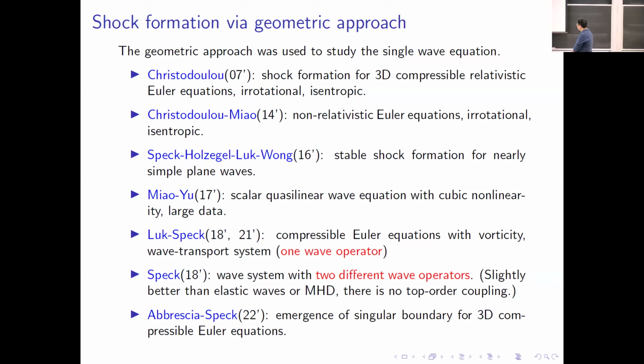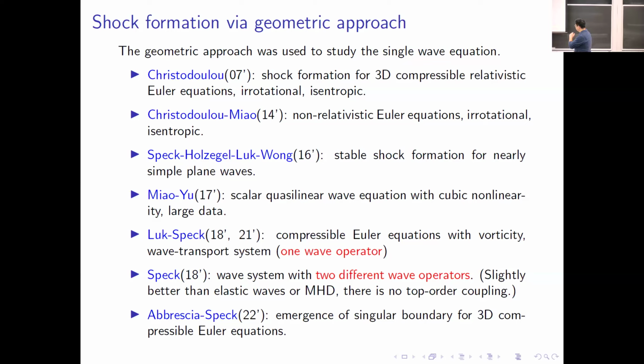Okay, and then later, the non-relativistic version was proved by Christodoulou and Miao in 2014. And then Speck, Holzegel, Luk, and Wong showed stable shock formation near simple plane waves.